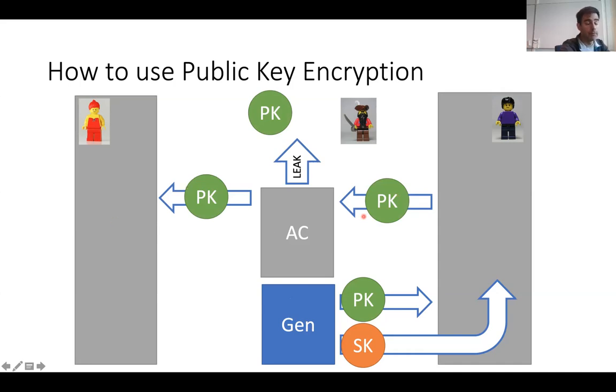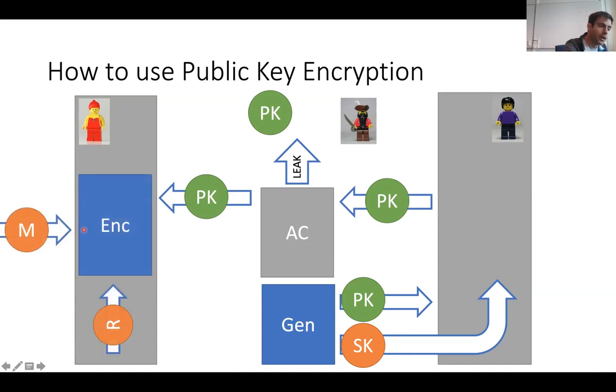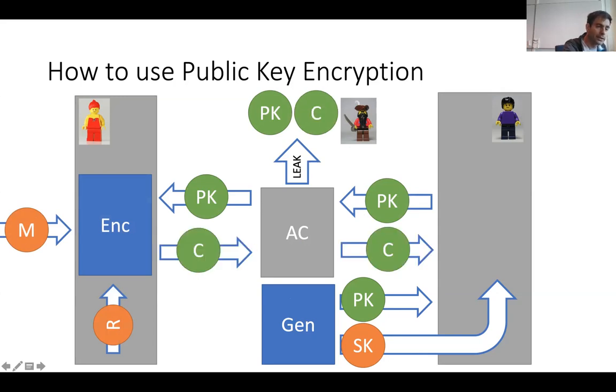This will solve the man-in-the-middle problem that we were discussing before, but the public key leaks to the adversary because we're using the authenticated channel. Now Alice, the sender, can encrypt the message using some randomness, produce a ciphertext, and send it to Bob via the authenticated channel. The ciphertext, therefore, will leak to the adversary. And then Bob can decrypt the ciphertext using the secret key and recover the message.